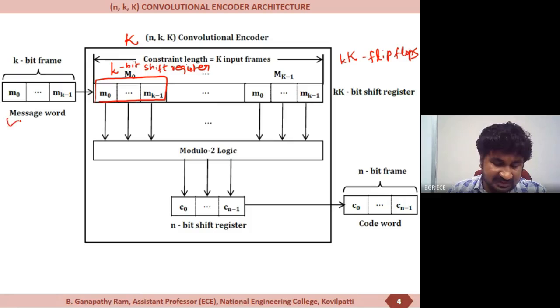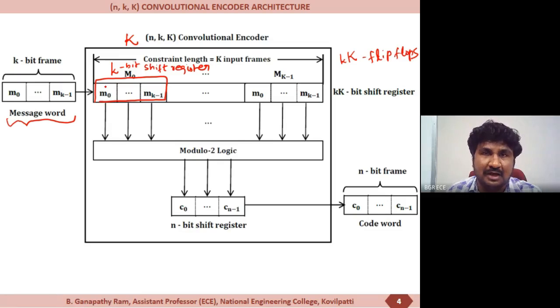Since the k-bit message frame has to be loaded into the convolutional encoder serially at every clock tick, the k-bit shift register requires k clocks to be fully loaded in the case of block codes.